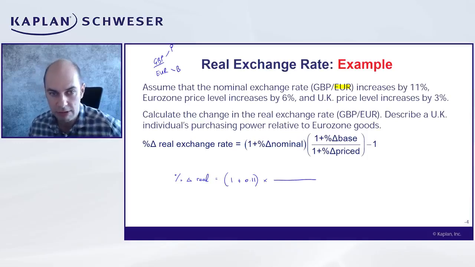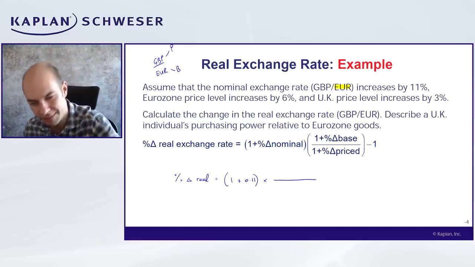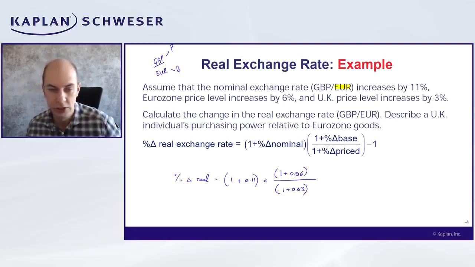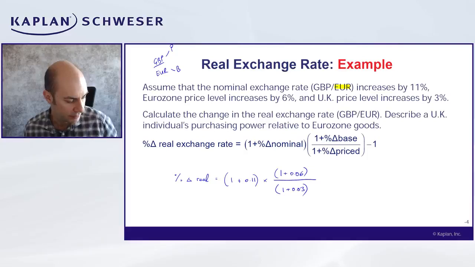So I want to multiply by the growth rate in the base. I know that the base is euro, so Eurozone price level increases by 6%, so I'm going to add 106 to my numerator, and I will add 103 to my denominator.